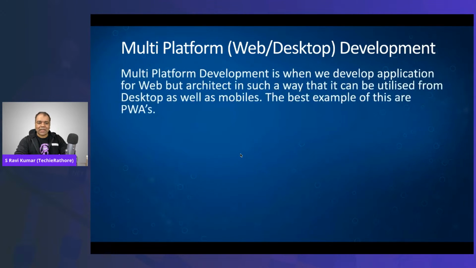So let's start with what is multi-platform development. Multi-platform development is when we develop an application for the web, but we architect it in such a way that it can be utilized on desktop as well as mobile. The reason I avoided the term cross-platform, even though many people say cross-platform, is that cross-platform is primarily used for mobile applications.